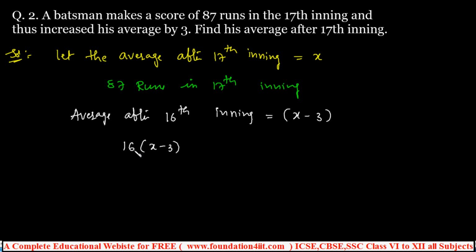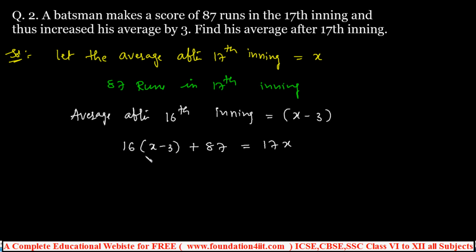Total score plus 87 scored in the 17th inning must be the total score up to the 17th inning, that is 17 into the 17th inning average x, so 17x. It's clear, right? The 16th inning total is 16 into (x minus 3), number into average.